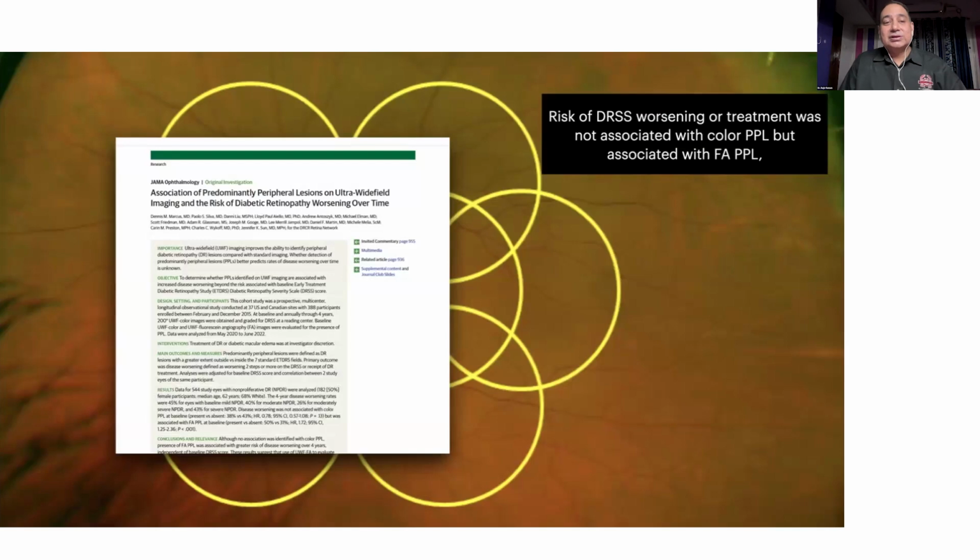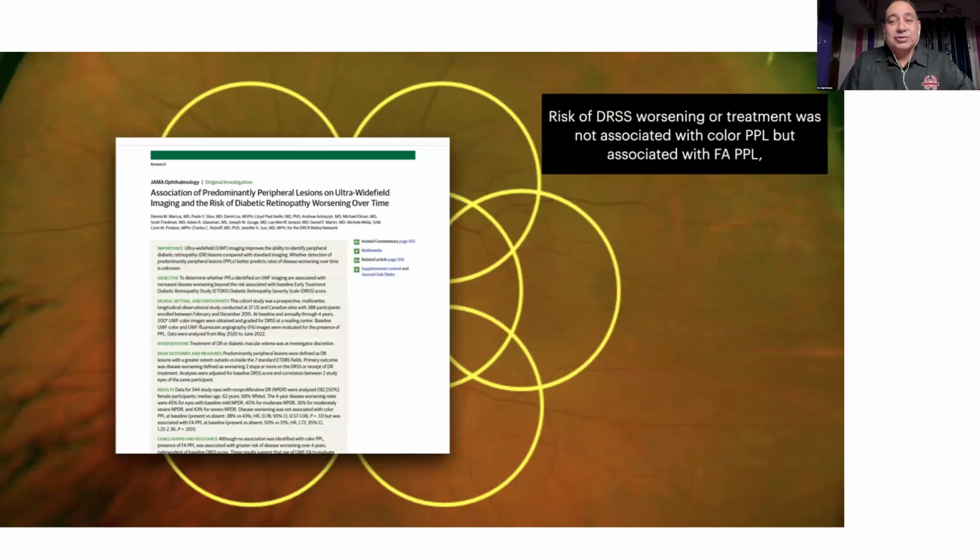And then came this landmark study, which tried looking at the risk of diabetic retinopathy worsening, whether the wide field photograph is important or the angiogram is important.